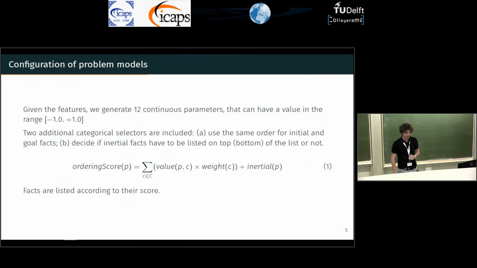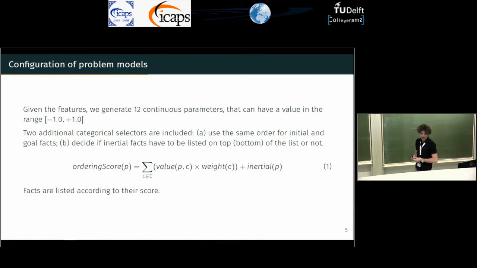And so now we got the features. How do we perform the configuration in an automatic way? So for each of the features, we generated a continuous parameter in the range of -1 to +1. And on top of that, we added two additional categorical selectors. One that you can use for linking the ordering of the initial state and the ordering of the goal state, so you exploit the same order for the facts which are listed in the initial and goal state.